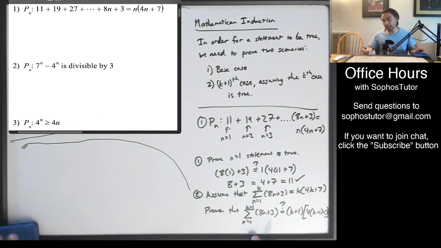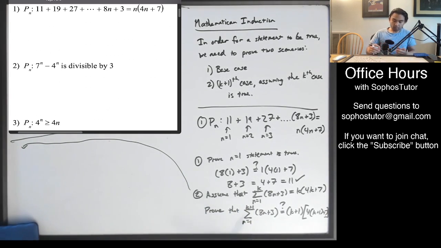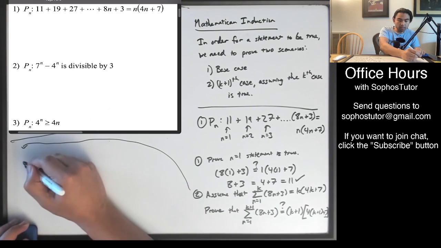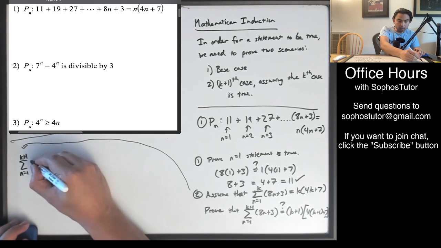Well, we need to break down what this left part of the equation is. Okay? Well, the summation of the first term to the k plus 1 term, let me rewrite it here, n equals 1 to the k plus 1 of 8n plus 3.